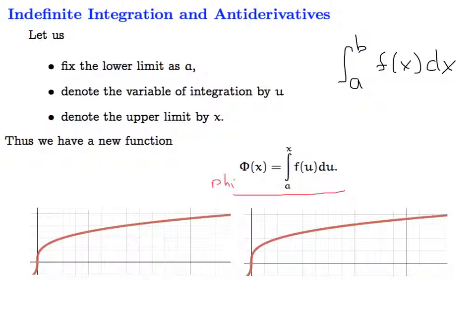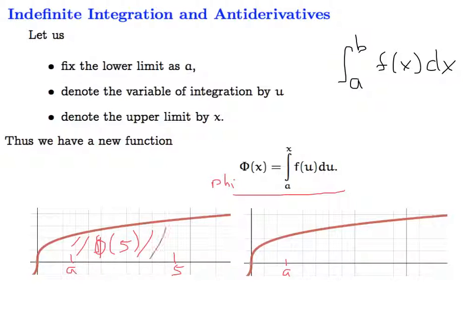The key is to make sure you think about this really as a function, and you can think of it as a function that sort of picks up change. So for instance, if over here we start at a, so a will be the same on both of these, but over here say I went out to, let's just give it a number, 5. This area in here represents phi of 5.